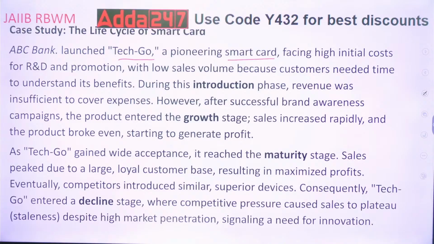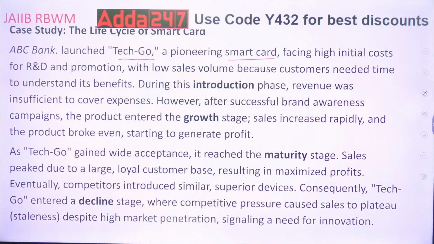Smart card means you don't understand the things very fast. What are the advantages, right? There are certain technical products which we don't understand immediately. Suppose if I ask you about AI, many of us don't understand AI that speedily, right? During this introduction phase, revenue was insufficient to cover the expenses. So obviously, introduction phase, the revenue was insufficient to cover the expenses.